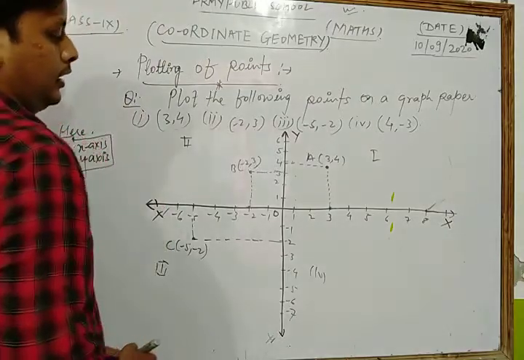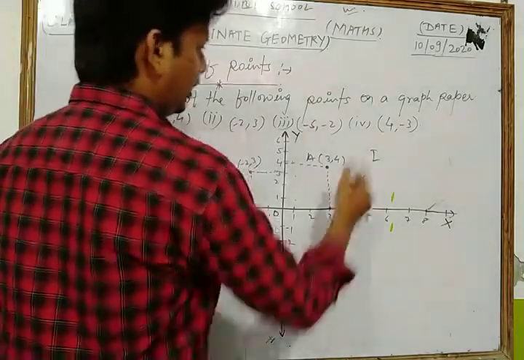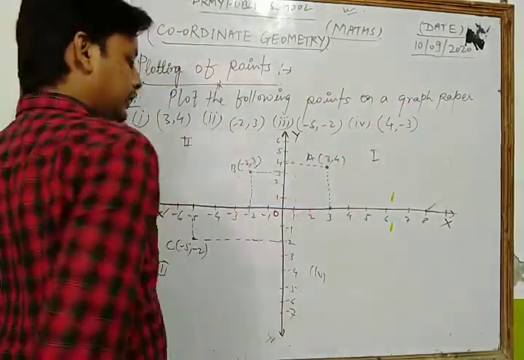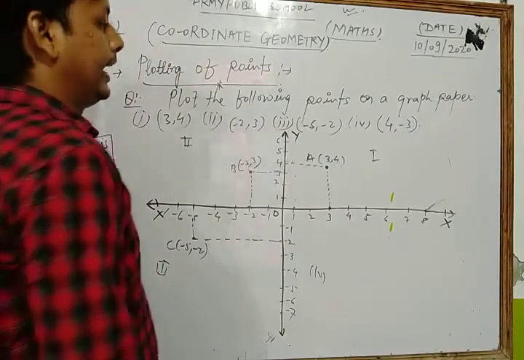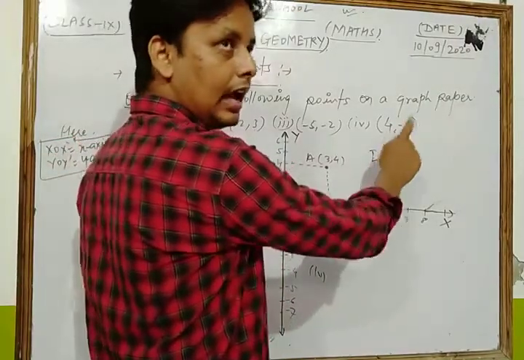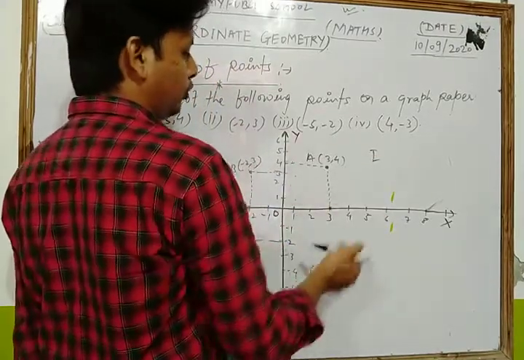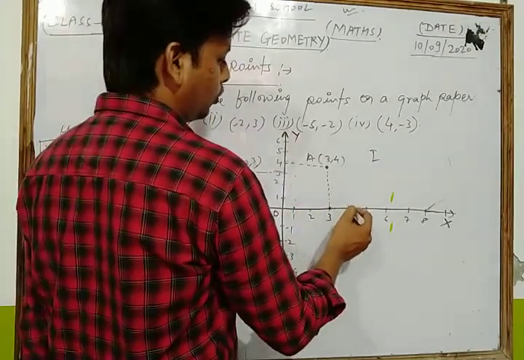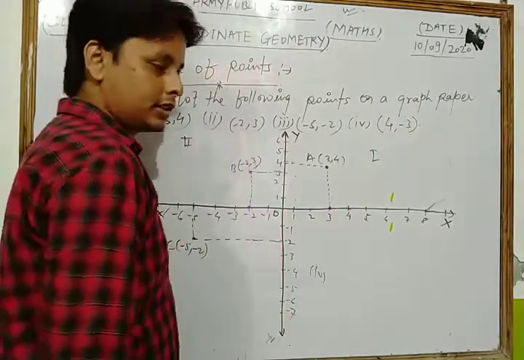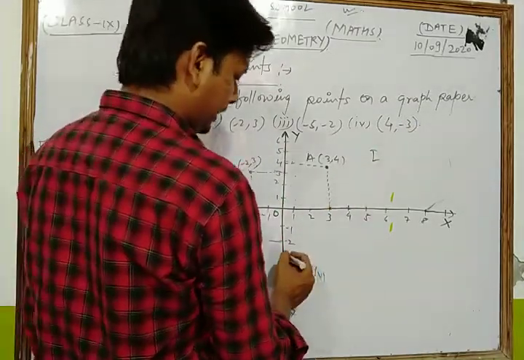Now look, now we represent (4, -3). Dear students, here the abscissa is positive, so we go to the right side from the origin to 4: 1, 2, 3, 4. Now the ordinate is minus 3, so we go below to minus 3.